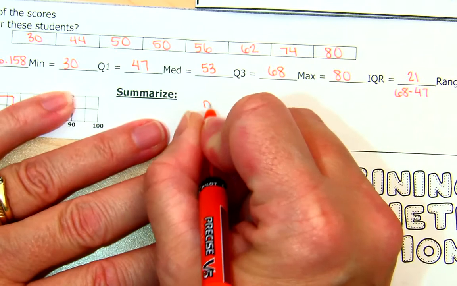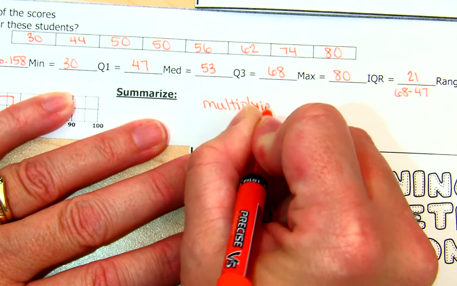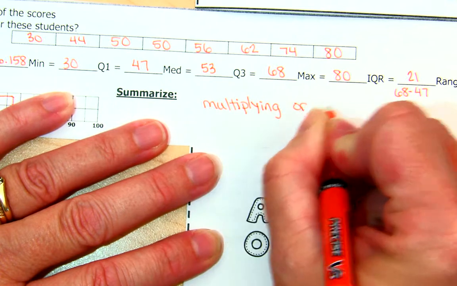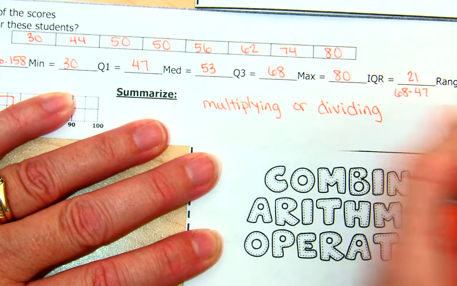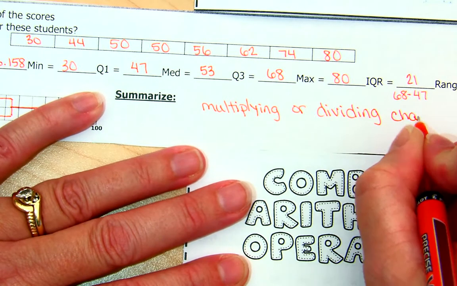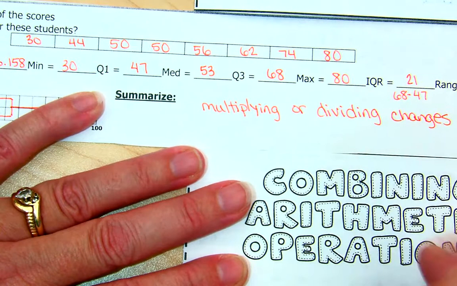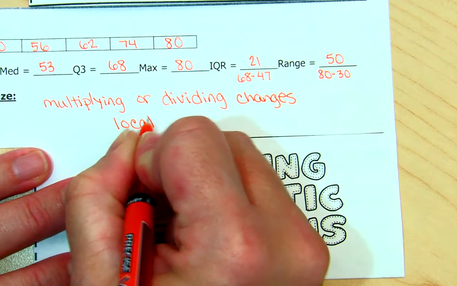So, multiplying or dividing changes location and spread.